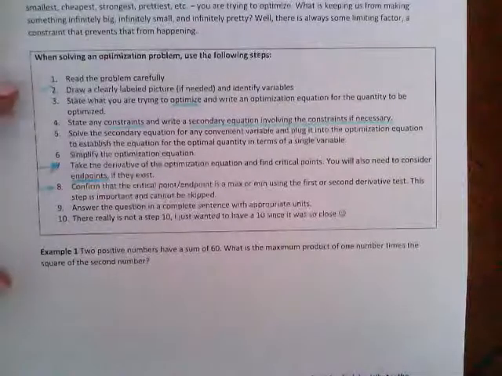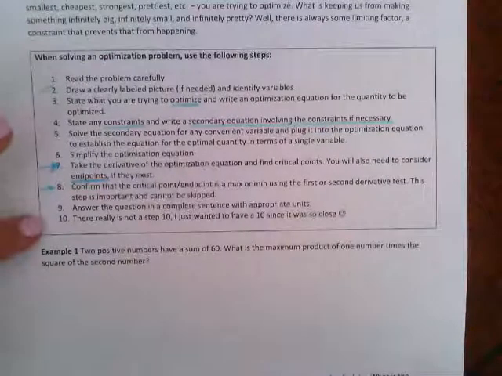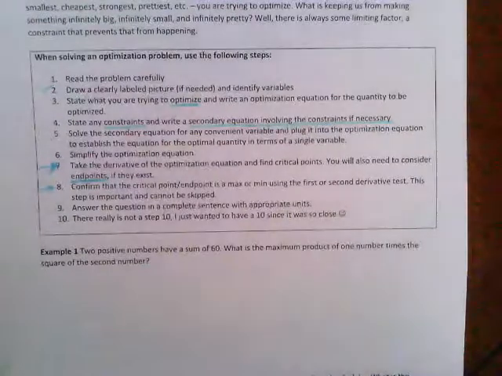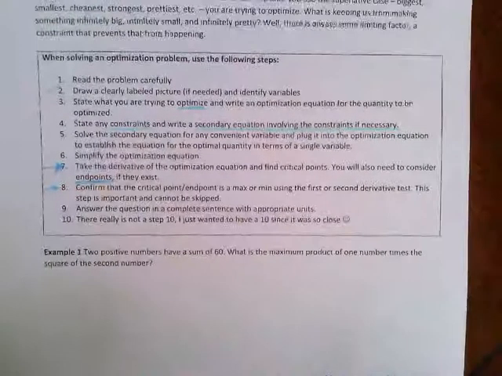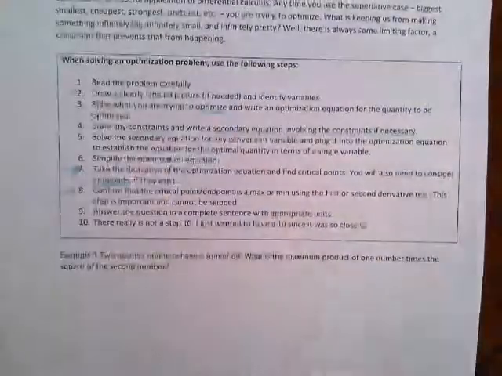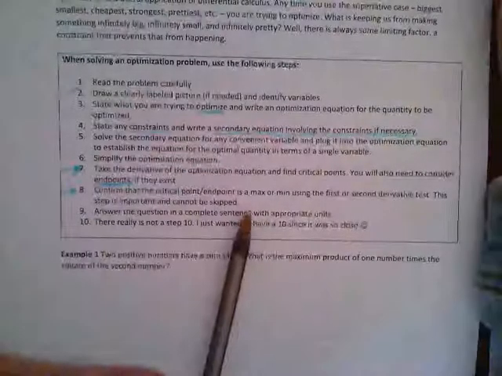So feel free to use these, write them down somewhere on the back of your sheets. But that is it for part 2, and we will complete the problems we were working on in class today in class tomorrow. Alright, good luck.